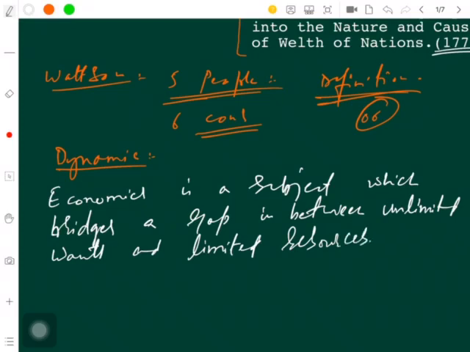Economics is a subject which bridges a gap in between unlimited wants and limited resources.